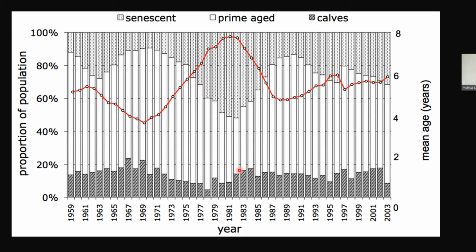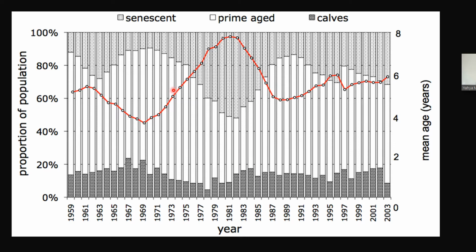But over here in 1981, take a look. The number of calves is still small, but the number of old moose, the percentage of the population, is very high. So what does that mean? It means there's a good chance that in this year the wolves were able to catch a lot of the moose, because there's a lot of very old moose.